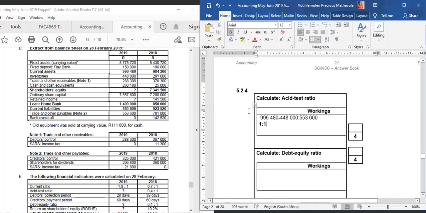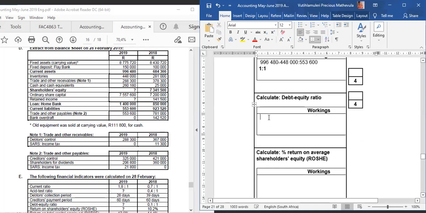So non-current liabilities to equity. Non-current liabilities is the loan from the bank, so it will be 1,400,000 to equity.